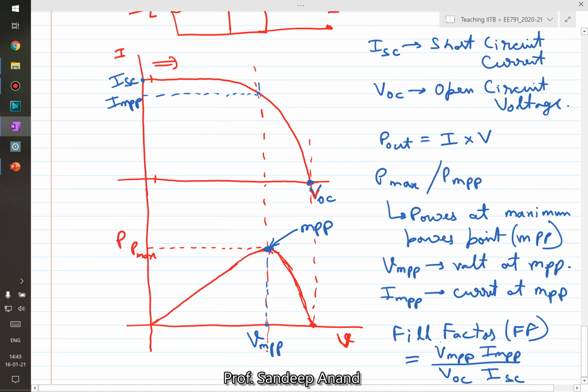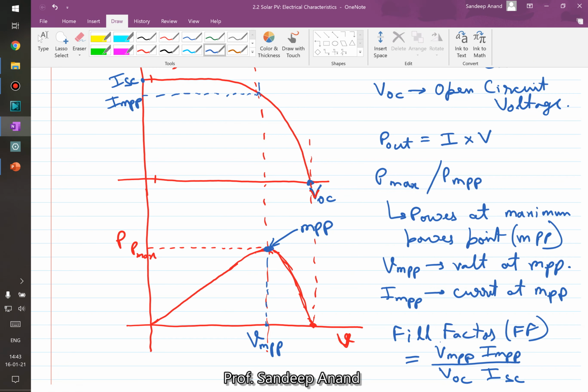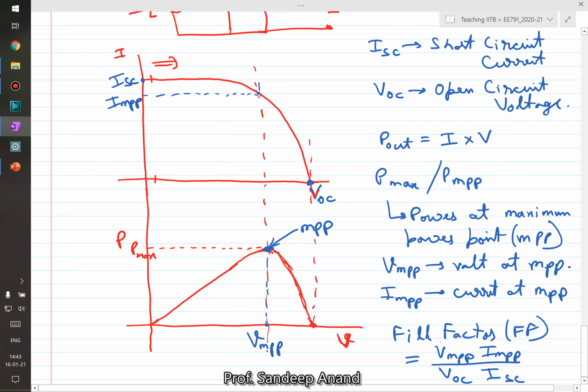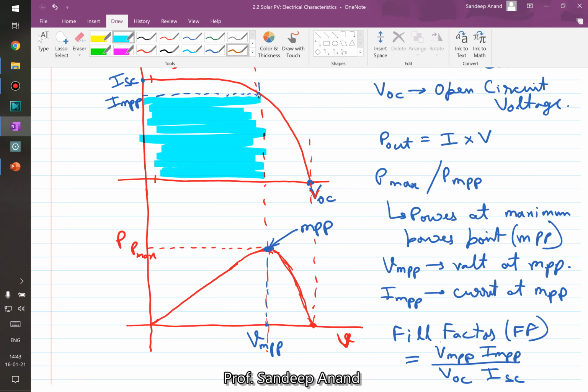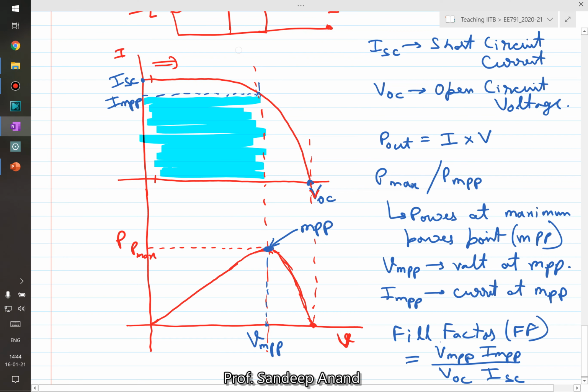If you see in this figure, the fill factor shows the ratio of this shaded blue region with respect to this outer boundary defined by this brown color. So fill factor is the ratio of this area, let me call it A1, upon the overall area, which let me call A2.